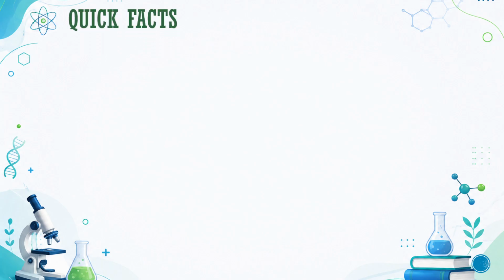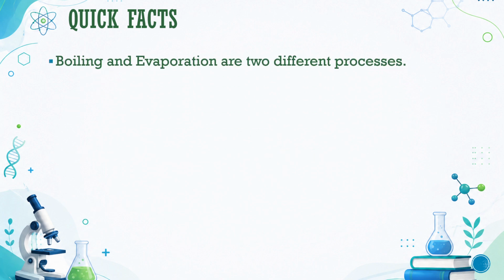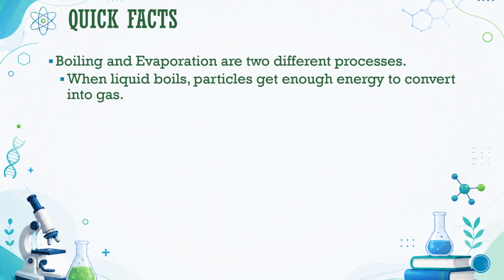There are some quick facts which are good to know and would make your understanding better around how the states of matter are defined and how boiling points and evaporation are considered for a state change. Boiling and evaporation are basically two different processes. When a liquid boils, the particles get enough energy to convert into gas, but they are not actually converting into a gas.